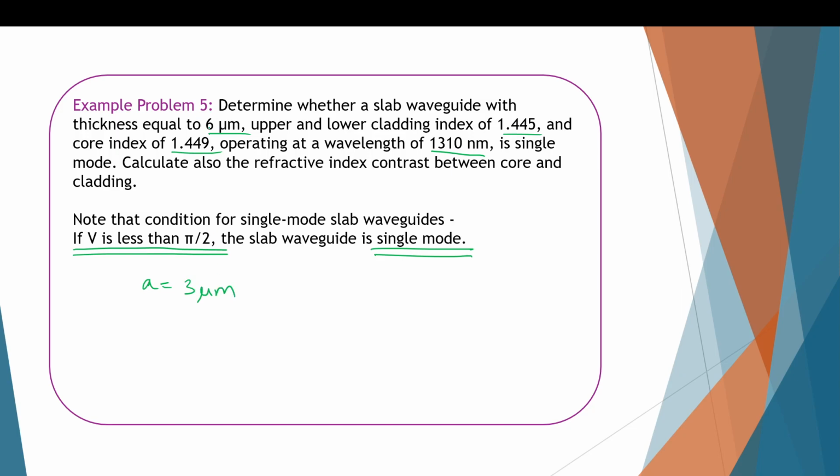So 6 is 2A, so we have to take only A. So A will be 3 micrometer. V is 2 pi over lambda times A times my refractive index difference. And then we have to remember to take the square root also.